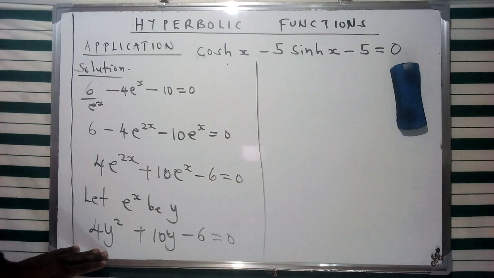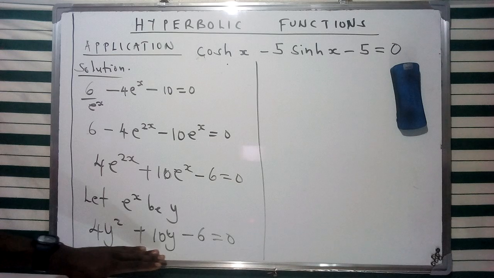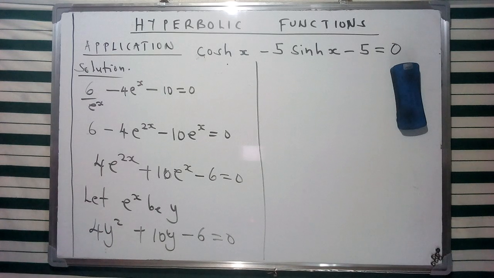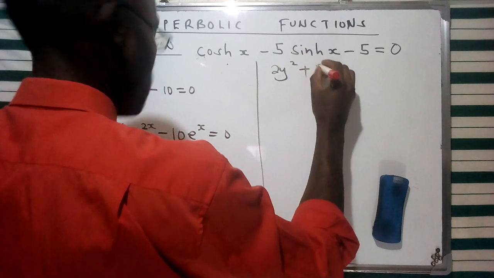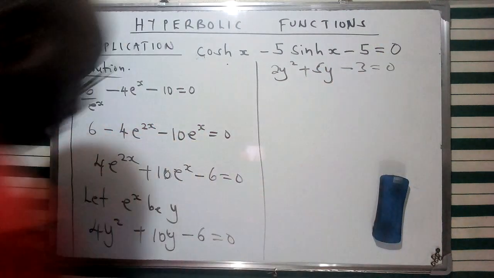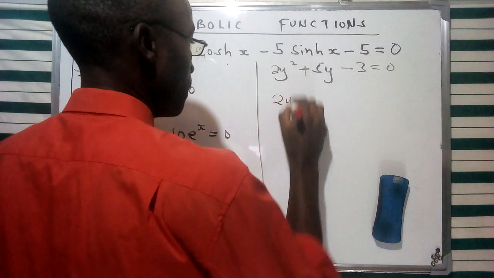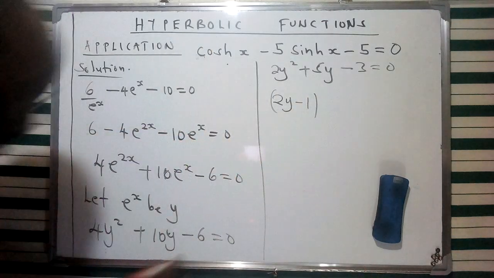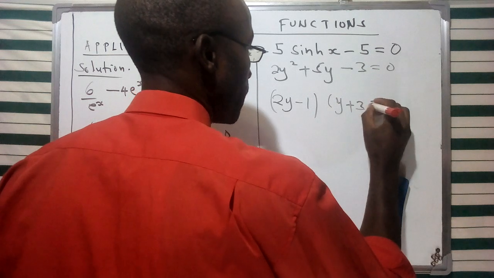In this case we can also do simplification to obtain a simplified version of this specific function by division over 2. So this one is equivalent to 2y squared plus 5y minus 3 is equivalent to 0, given as such. From evaluation of this we find the factors of this equation as 2y minus 1, and then y plus 3 is equivalent to 0.